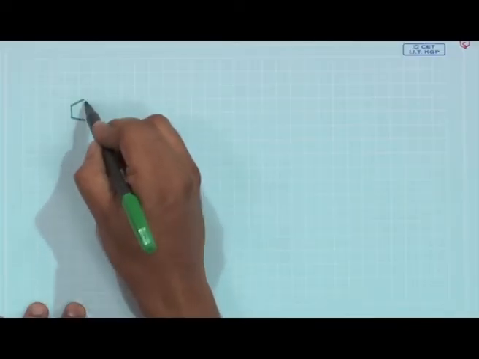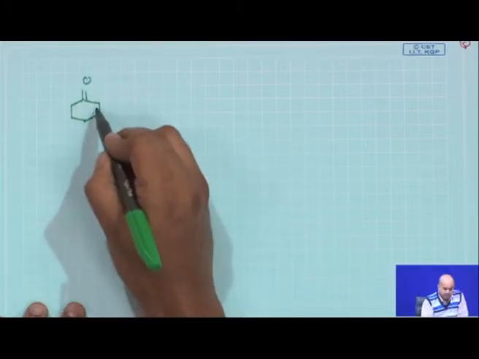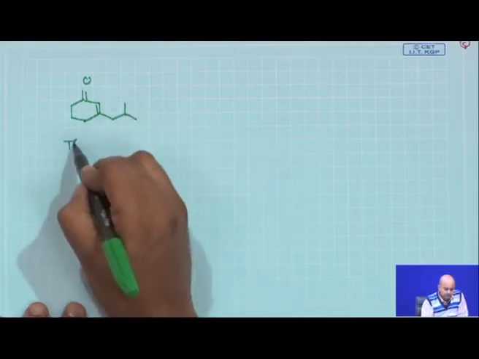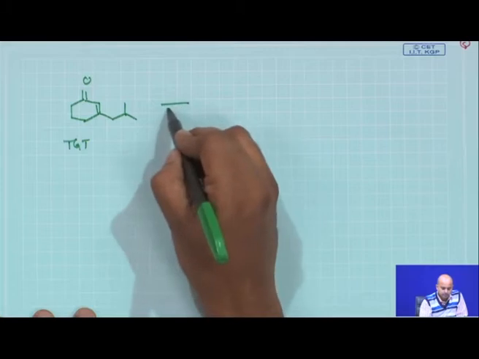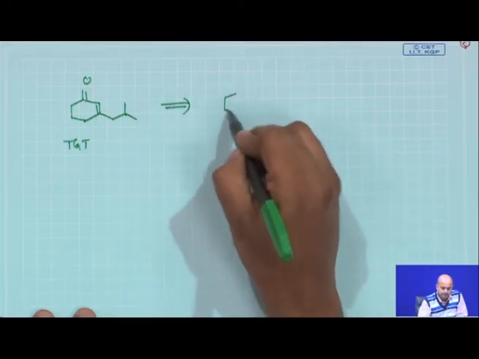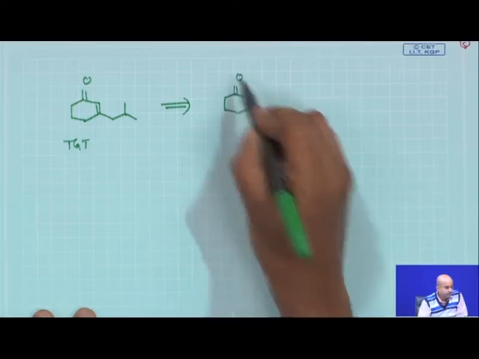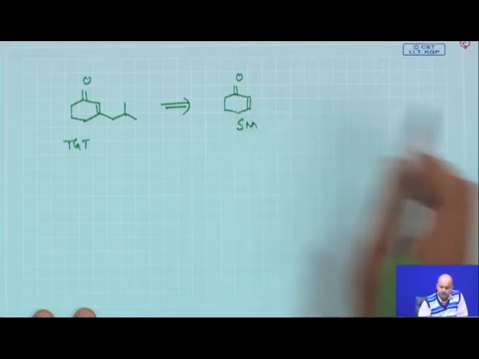The next one I am going to say is a simple one, but the target is this molecule. You have to use this as a starting material, simple cyclohexanone.